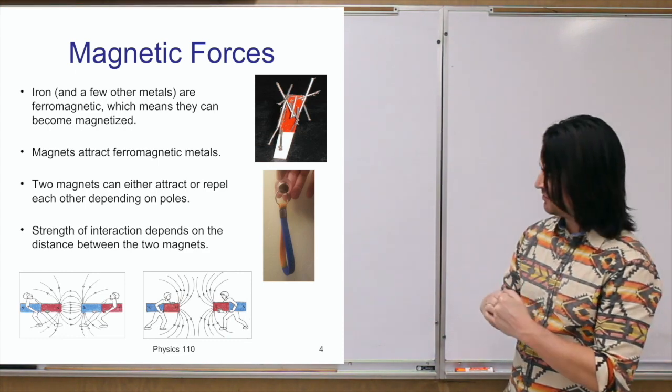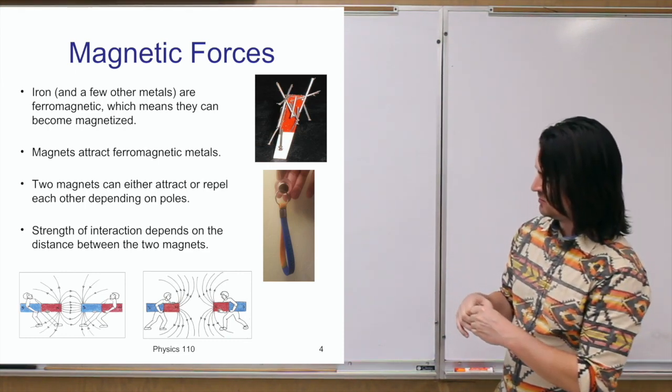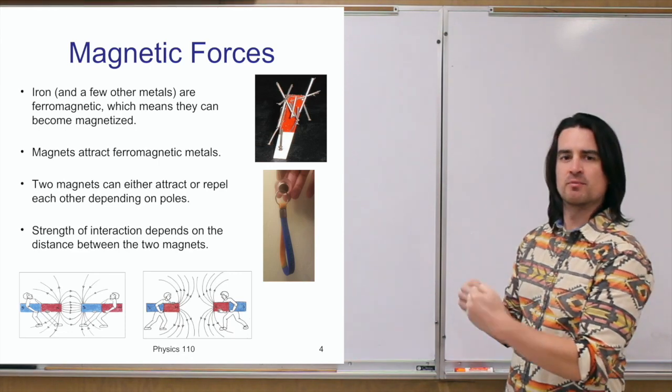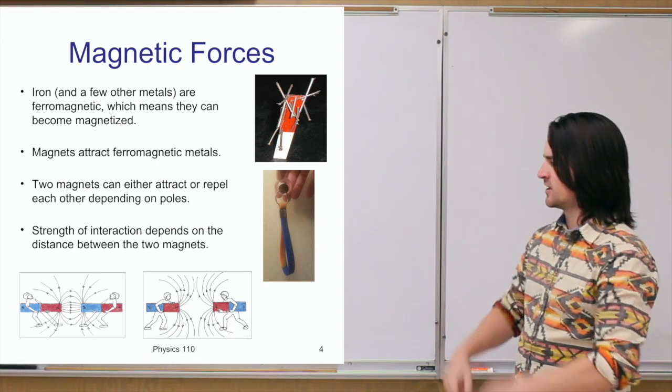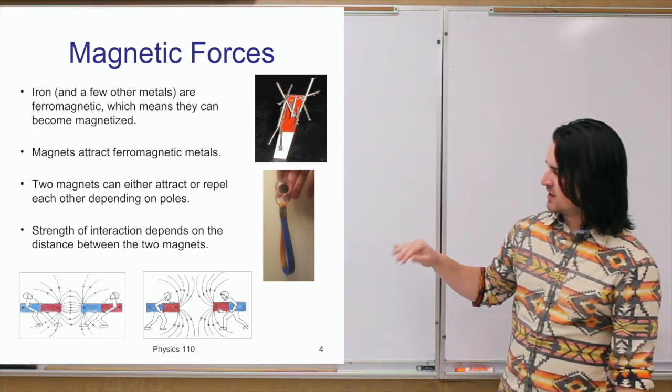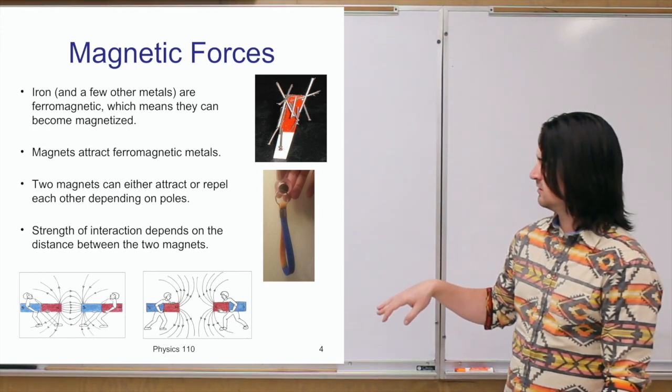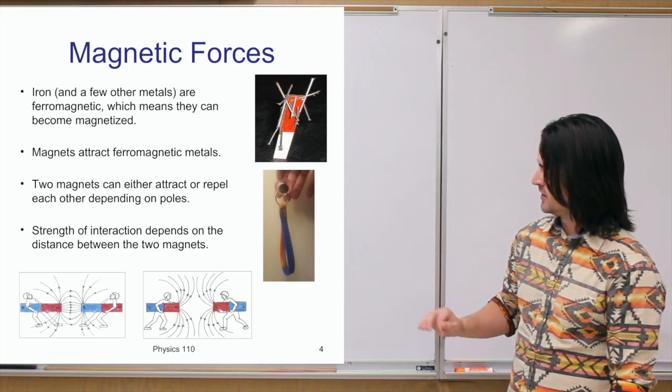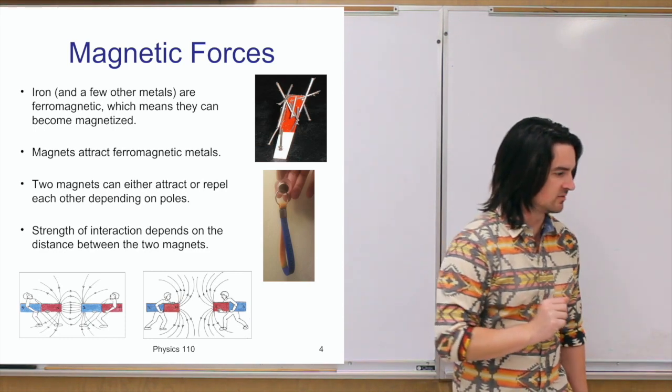They're going to try to push each other apart. And if you have a north and a south pole together, they're going to try to pull each other together. They're also showing the magnetic field lines in that picture, but we don't need to worry too much about that right now. I think we'll say more about that later.